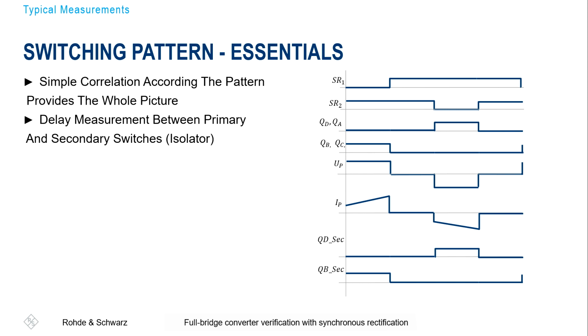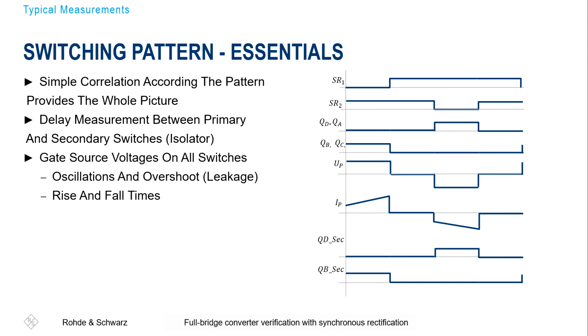Delay measurement between primary and secondary isolator. What else can we do? We can also measure rise and fall times with the automatic measurement capability of the instrument to identify oscillations, overshoots, undershoots, rise time, fall time, and so on.